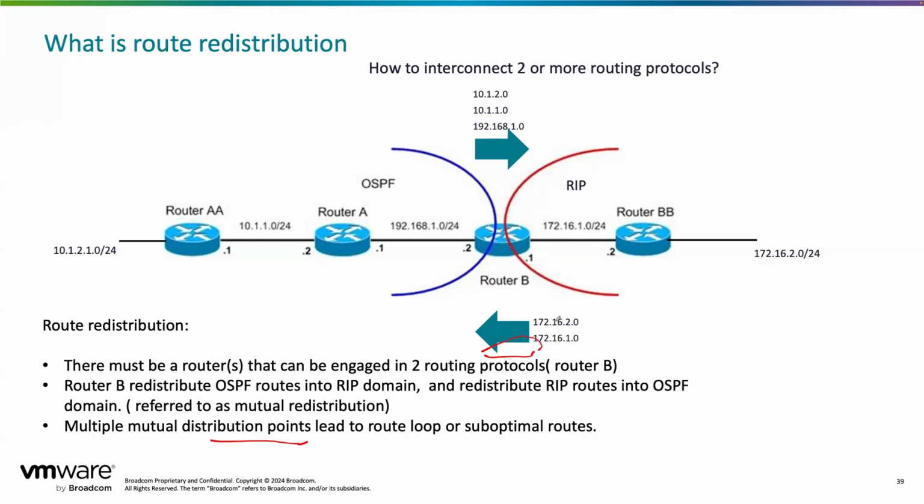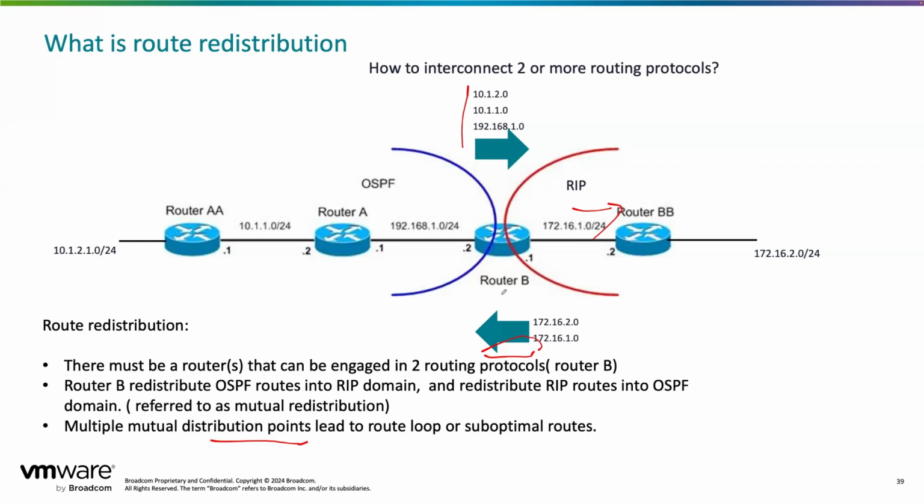Specifically for this diagram, router B just learned some of the OSPF routes like this, but it has to redistribute these routes into RIP.